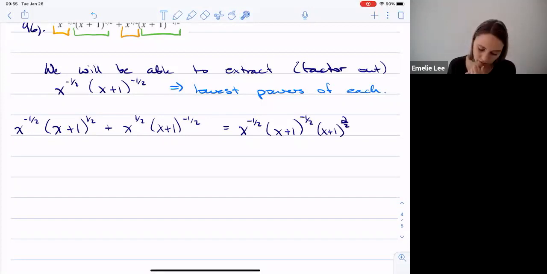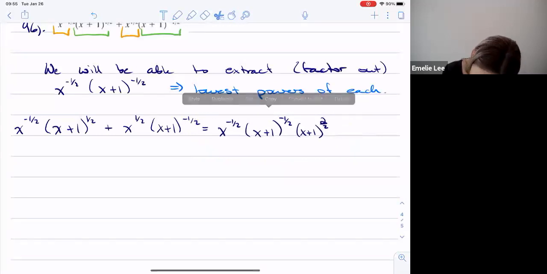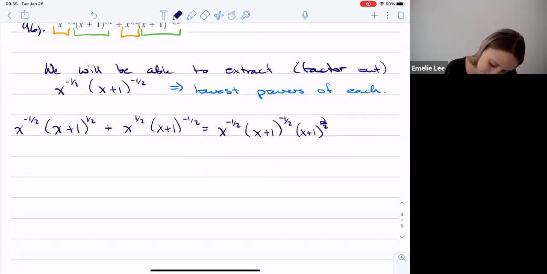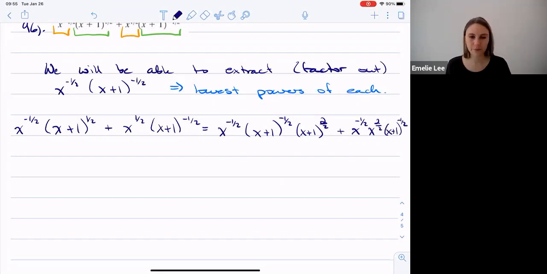And just make sure that when you multiply these together, the same base, right? -1/2 plus 2/2 puts you at 2 minus 1, which is 1/2. Checks out, right? I need to not write so large. So same thing here, plus x to the -1/2 times x to the 2/2 times x plus 1 to the -1/2.